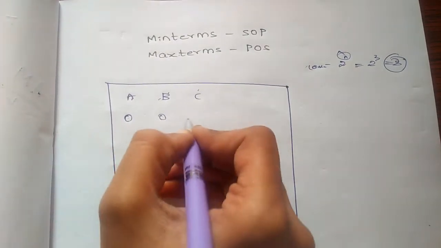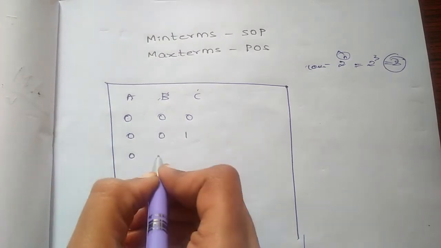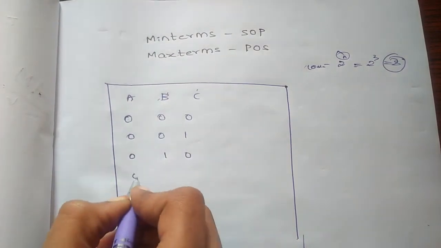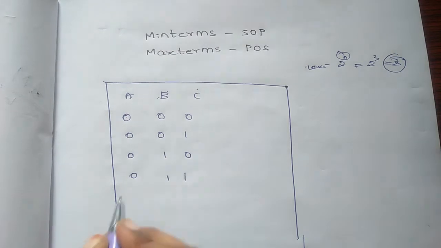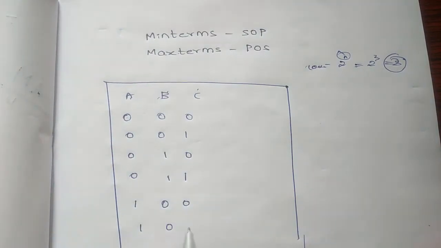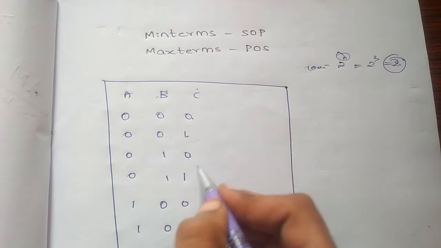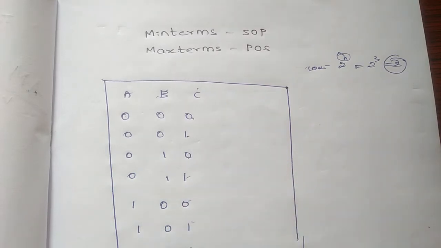So 0 0 0, 0 0 1, 0 1 0, 0 1 1, 1 0 0, 1 0 1, 1 1 0 and 1 1 1. 8 combinations: 1, 2, 3, 4, 5, 6, 7, 8.